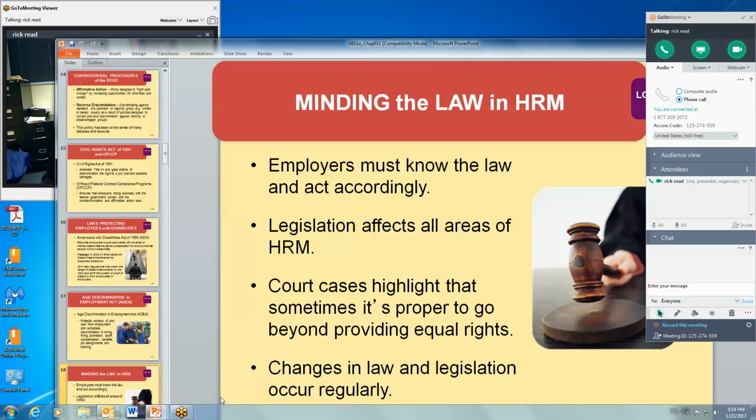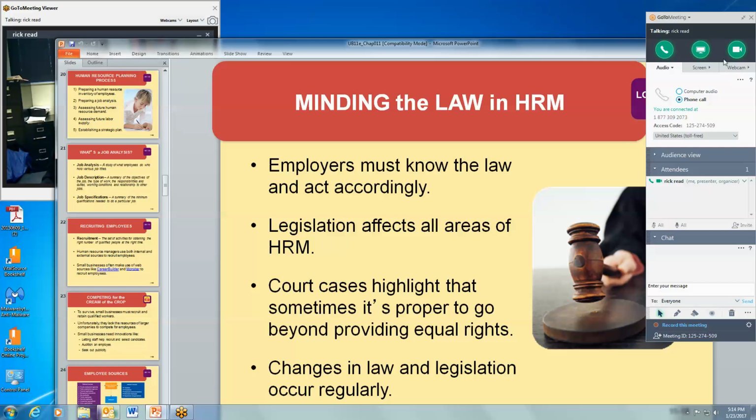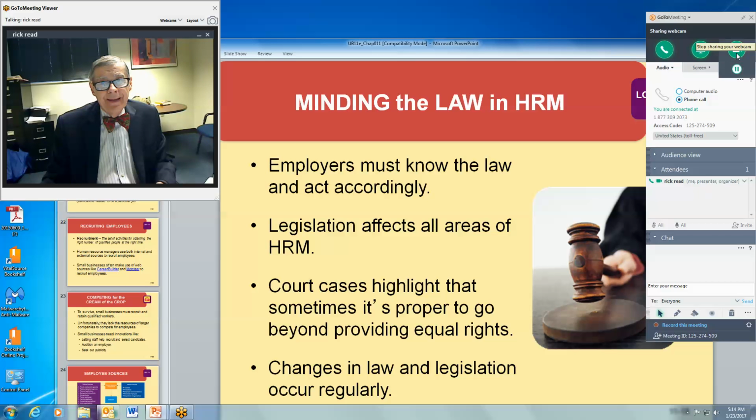The fact of the matter is that employers have to know HR law, or the law that impacts human resource management. Ignorance of the law is not a defense. So if you have a small company and you have X number of employees, find out where you fall in a category.